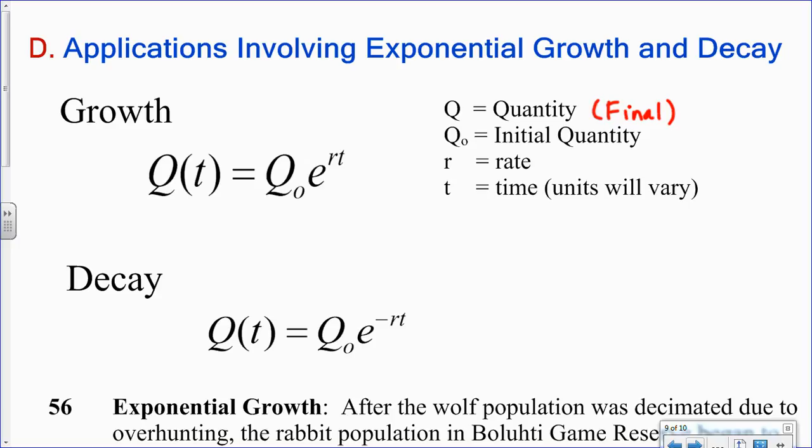Q sub 0 is your initial amount. And then R is your rate, and T is time, but units vary. You can measure in more things than just years. The only difference between your growth and decay is that your rate for decay will be negative. That's what makes it decay.